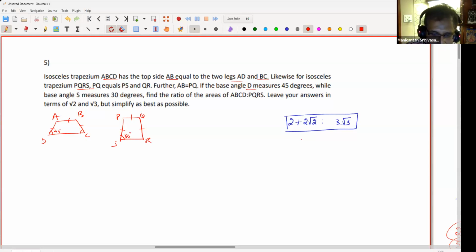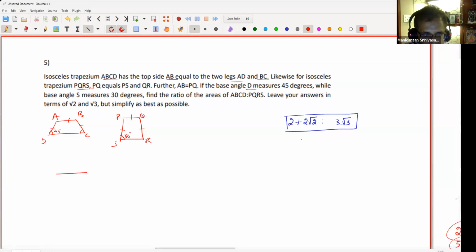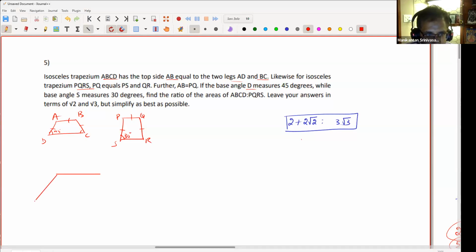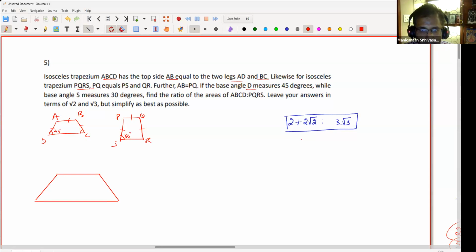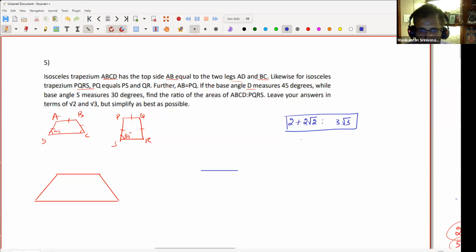So here's my ABCD. So AB, right? This is 45. Again, you don't have to take too much trouble, but roughly to scale would be good. And then PQRS, I'll draw it in this. So this is PQ and this base angle is 30 degrees, right? So it'll be much shallower like this.